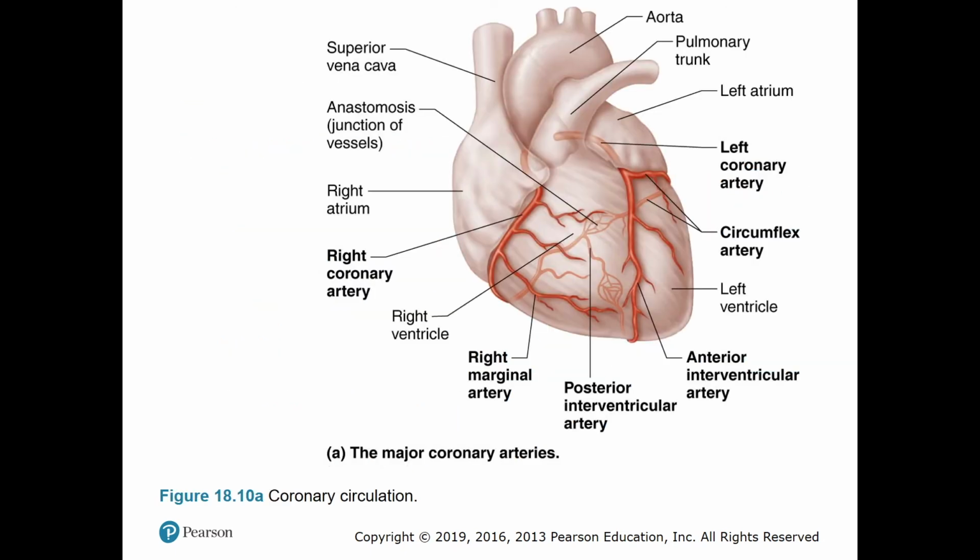In figure 18.10a, coronary circulation, you can see the left coronary artery, the circumflex artery, the anterior interventricular artery, and then on the right, there's the right coronary artery and the right marginal artery and the posterior interventricular artery. And you can also see the anastomosis, which is the junction of the vessels.